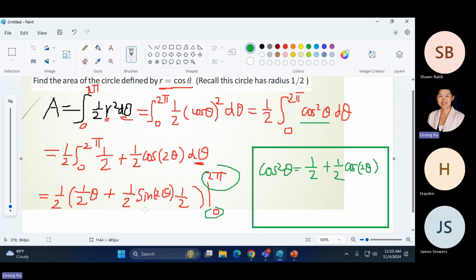So at either point, 2 pi or 0, this term equals 0. The final answer comes from the non-zero part. We plug in 2 pi for theta, and 1/2 times 1/2 is 1/4, times theta, which is 2 pi. So the answer is pi over 2.